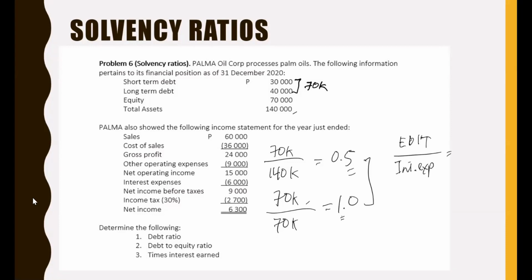Our earnings before interest and taxes will be your net operating income, which is 15,000, and interest expense amounting to 6,000 pesos. So, this is 15,000 divided by 6,000, so 2.5.